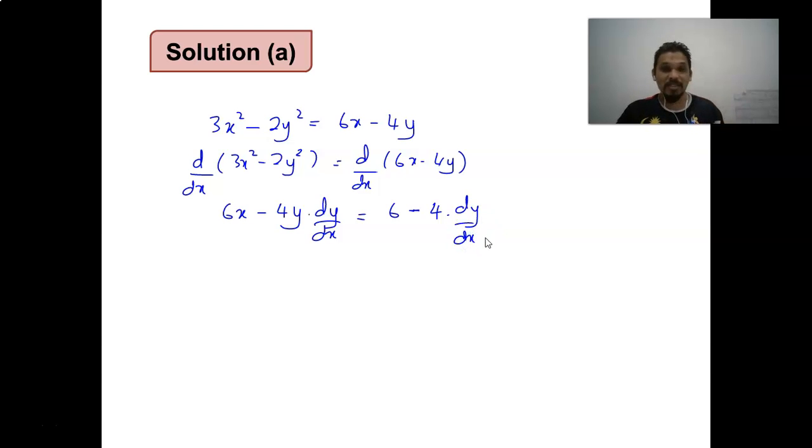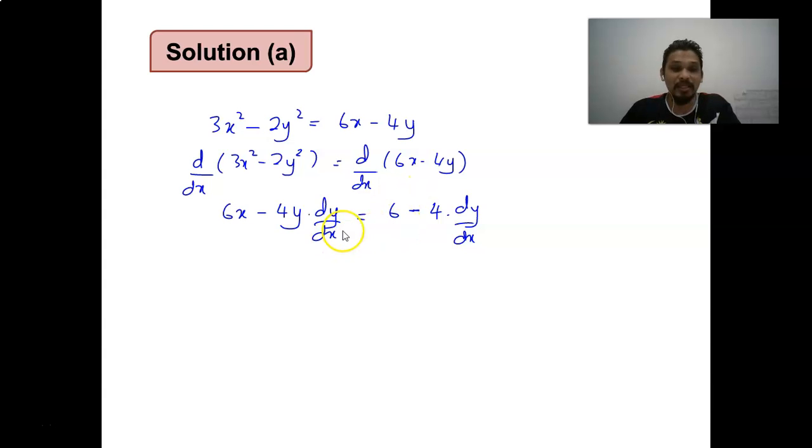Okay, so you can see here now there is a difference. 6x and 6, because we derive x with respect to x, so we don't have to write down a dy dx, but for this one here, we derive y with respect to x, so we derive first 2 times 2 equal to 4y, then multiply with dy dx.